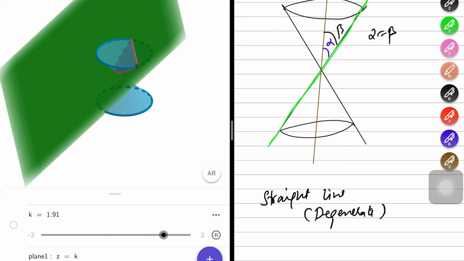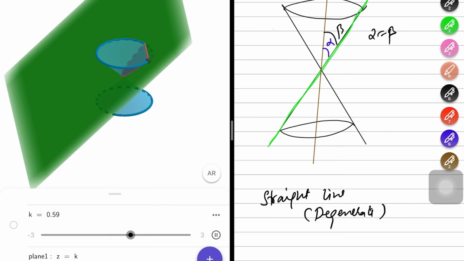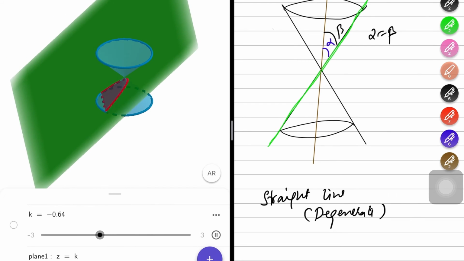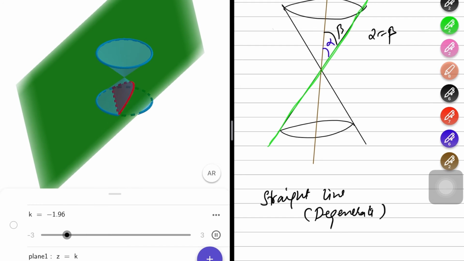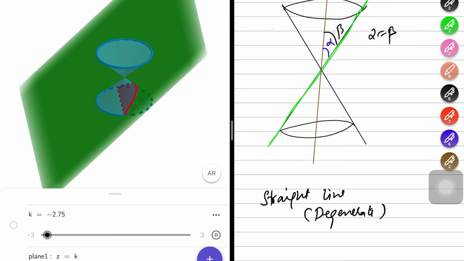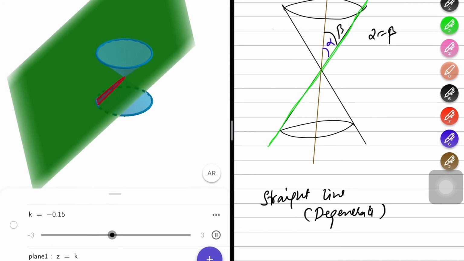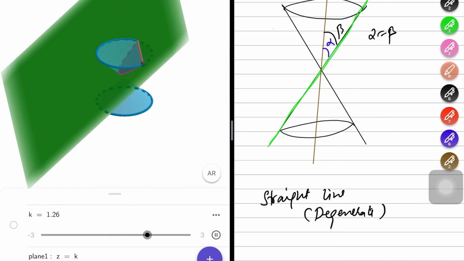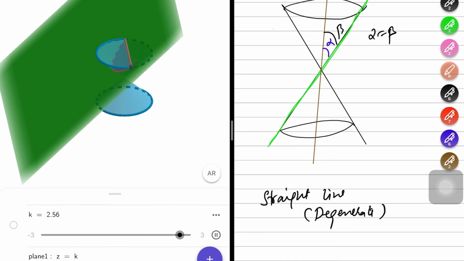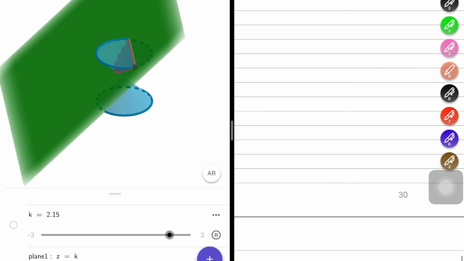As the plane moves towards the cone, its shape decreases and becomes a straight line, and as it moves away from the cone, the parabola expands its size. When it passes through the vertex of a cone, it becomes a straight line.